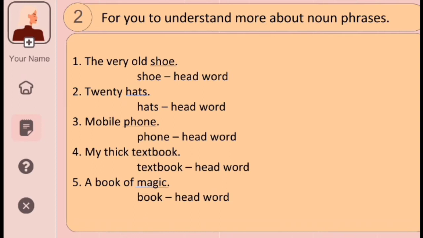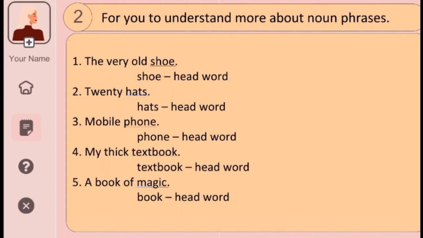So number 5, a book of magic. This is a fascinating example because the modification comes after the head noun instead of before, as shown in the other examples. So we have two nouns here, book and magic. And even though magic is a noun and it's the end of the phrase like all these other head nouns, it's actually not the head noun because magic is modifying book and the book is not modifying magic.